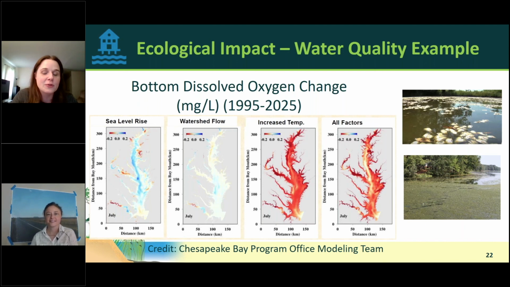But I would be curious, and this is me putting my resilience hat on, if you looked at this all-factors graph, if there are areas of critical fish habitat that happen to coincide with areas that benefited from sea level rise or watershed flow, then if we preserve and conserve those areas and put policies in place, maybe that is a better resilience action than focusing on habitats that are too far gone.